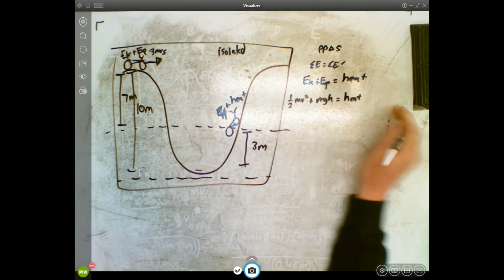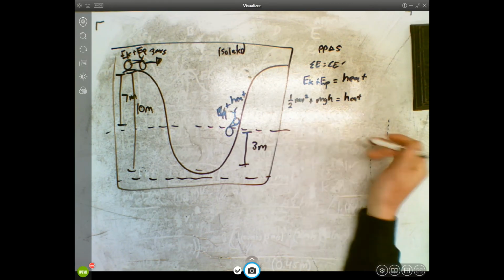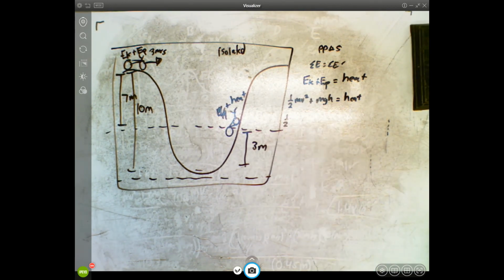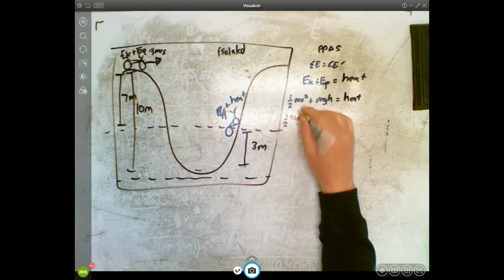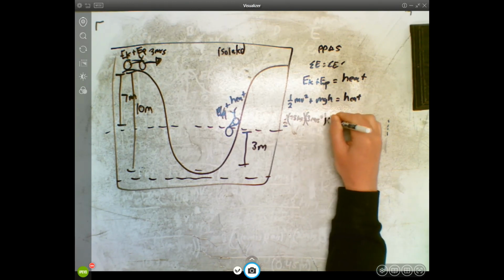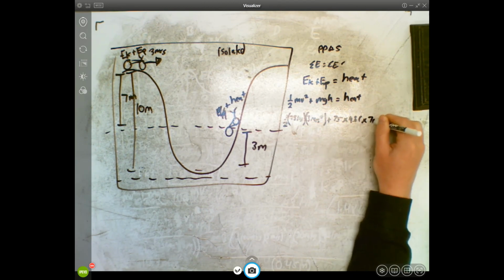Again, nothing can cancel out because there's nothing in heat. So if you have heat involved, you can never cancel anything out. So it's going to be 1/2 times our 75 kilogram cyclist, and they're moving 3 meters per second, squared, plus 75 times 9.81 times our 7 meter height.